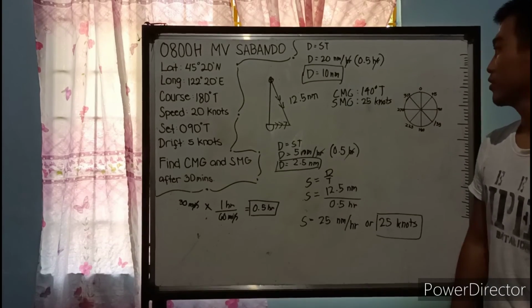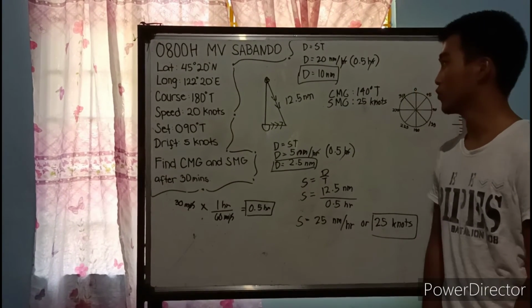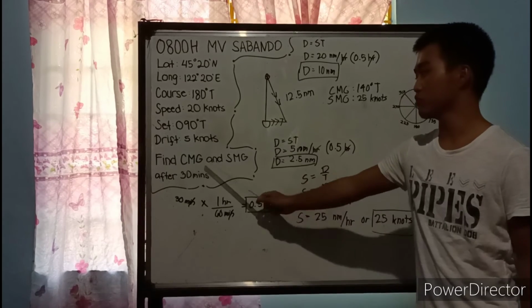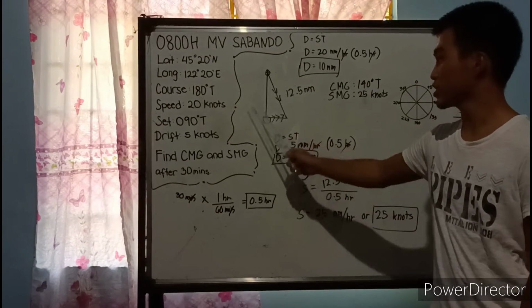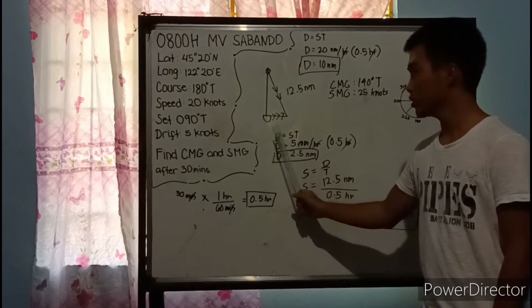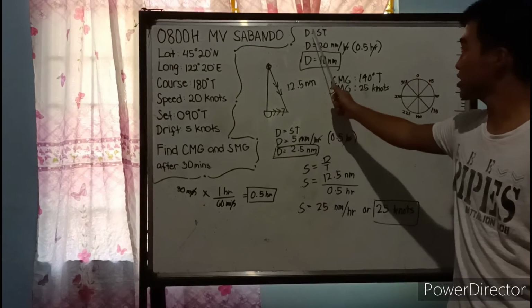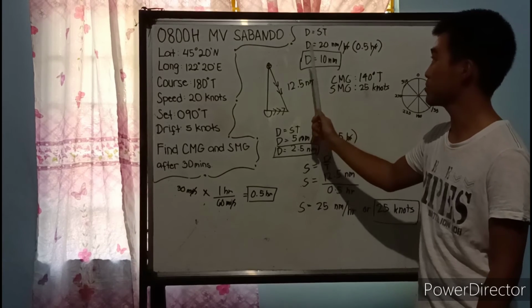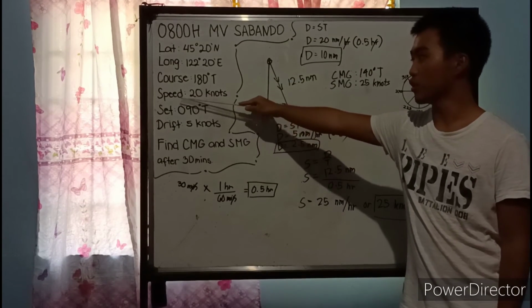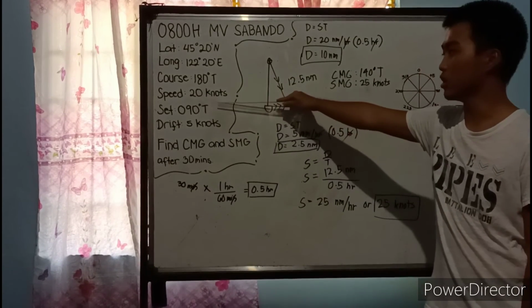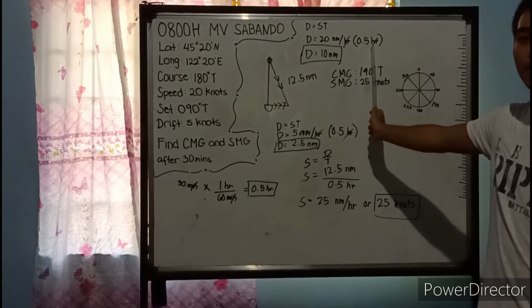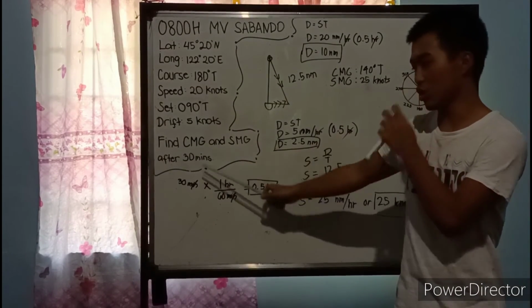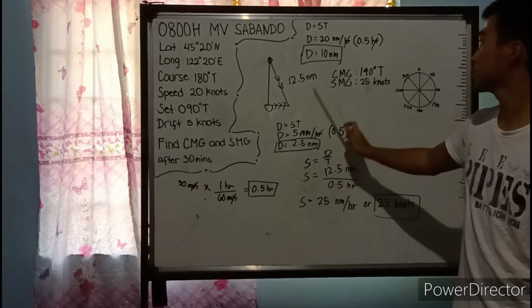So once again, for our recap, first, to find our CMG and SMG, we must first find our DR. To find the DR, we're going to use this formula: distance equals speed times time. So the speed of our ship, 20 knots, will be multiplied by the time, 30 minutes, or equal to 0.5 hours.